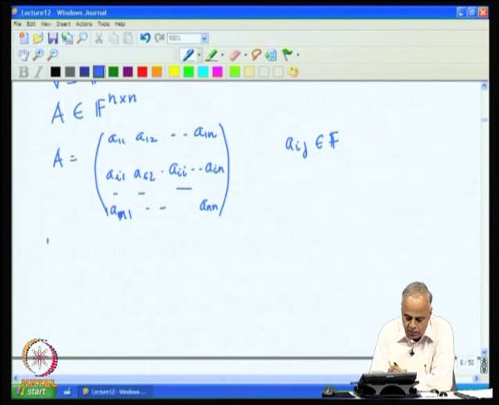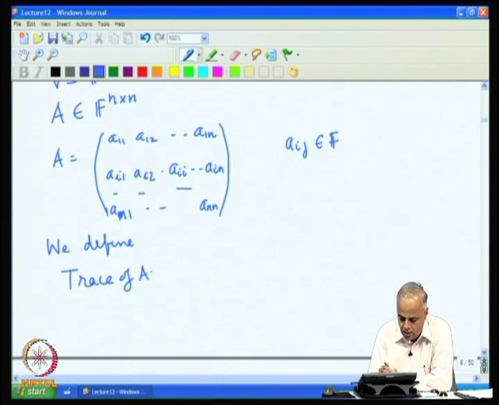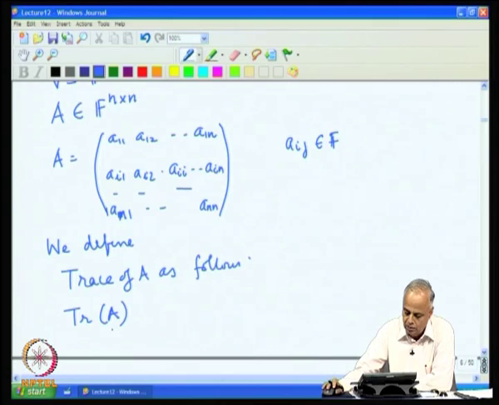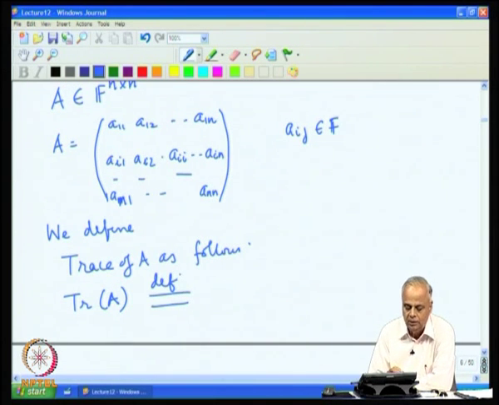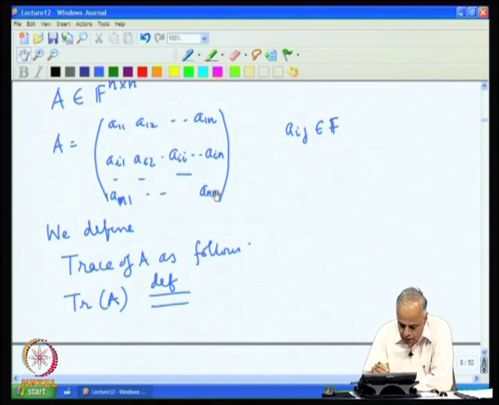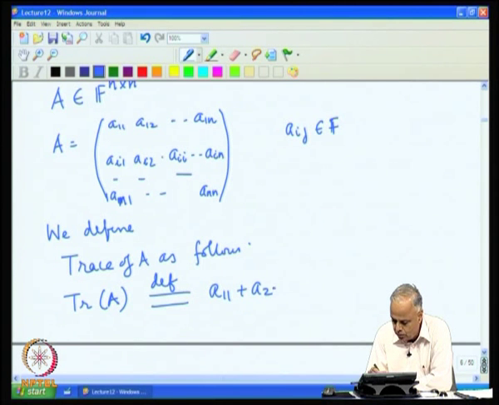For such matrices, we define the trace of A as follows. We denote the trace of A by tr A for short. So, the trace of A is defined, this is the definition, to be just the sum of all the diagonal entries: A11 plus A22 plus etc. plus Ann.